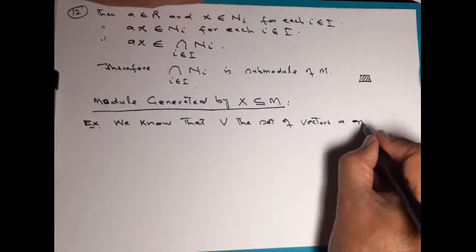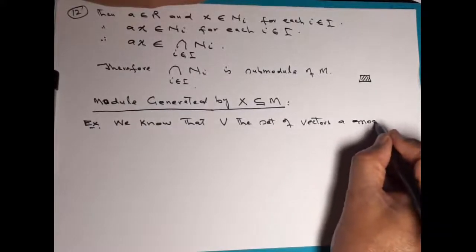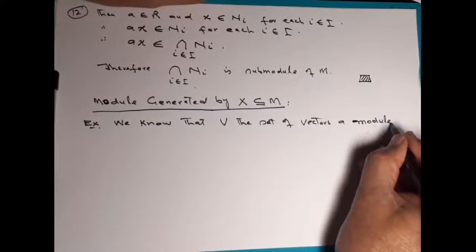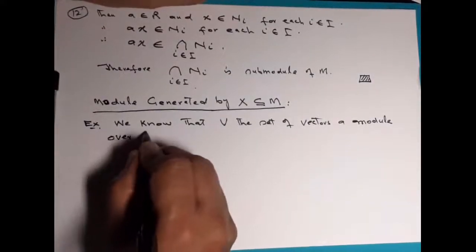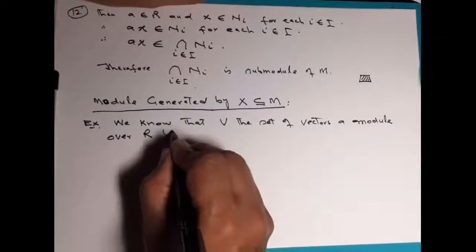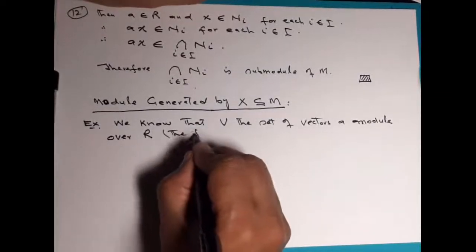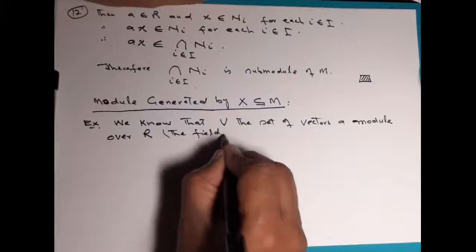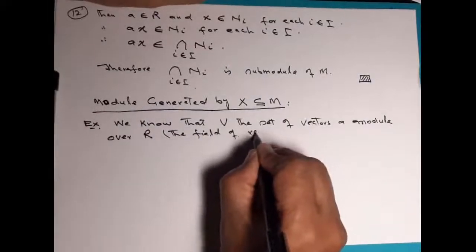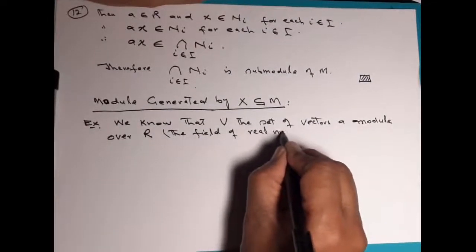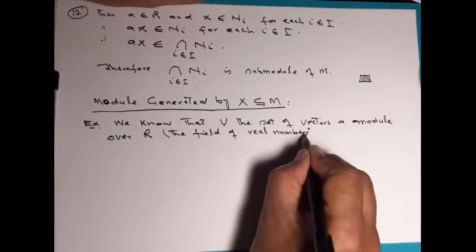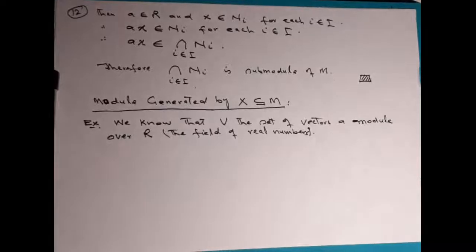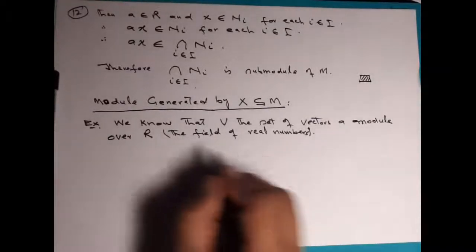This is a module. The set of vectors is a module over R, the ring or the field of real numbers. So we know that V, the set of vectors, is a module over R.